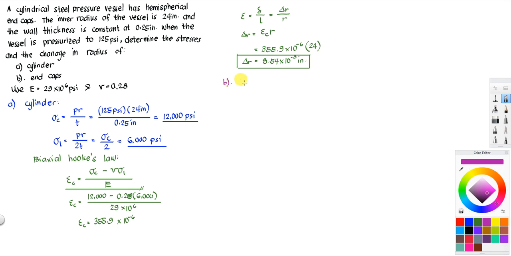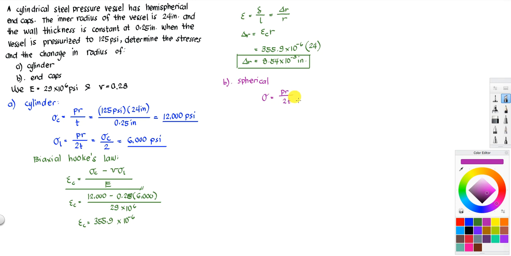The end caps, again, are spherical. If you remember our derivation, a sphere is always just like the longitudinal stress. So there is only one formula for a sphere, which is PR over 2T.